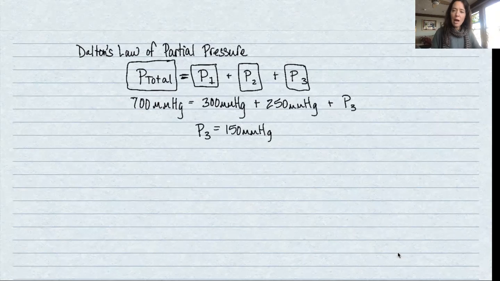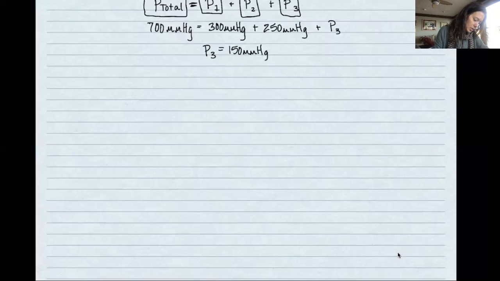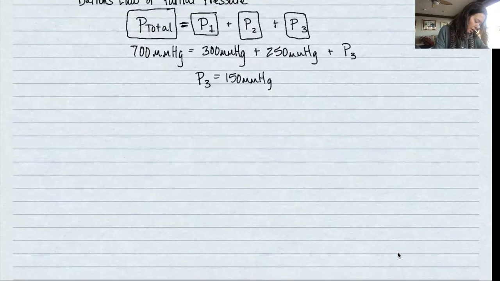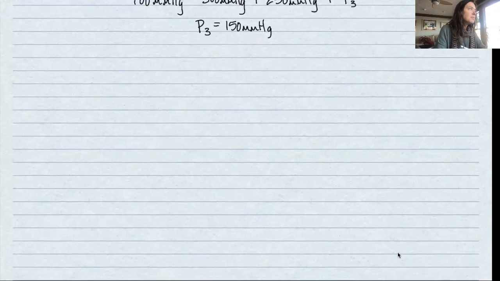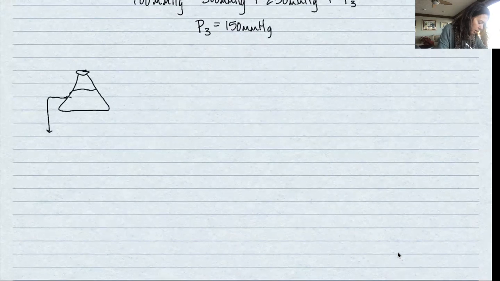Now let's apply that to collecting gas over water. So what would this setup look like? We could have an experiment here, kind of like this. Here's our flask. And let's say that in this flask, we have some hydrochloric acid floating around in there.